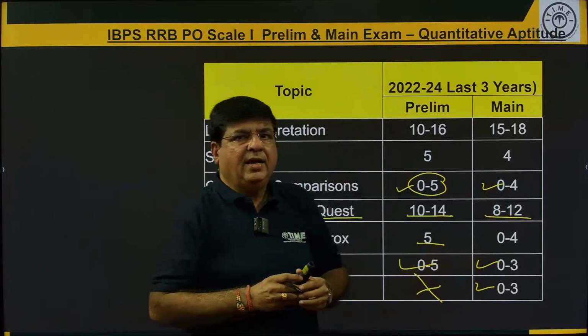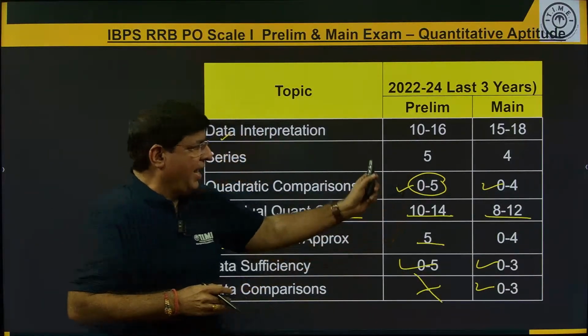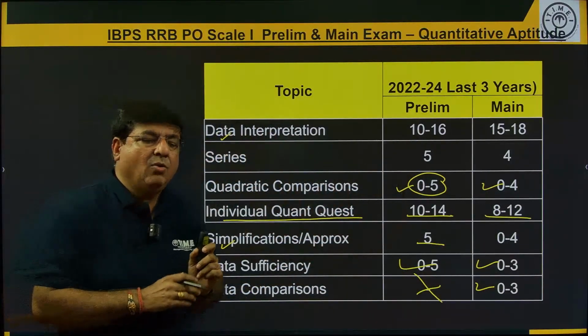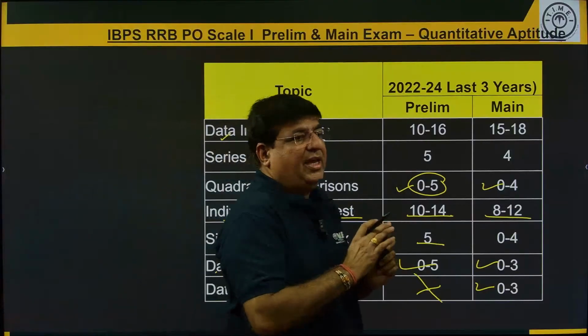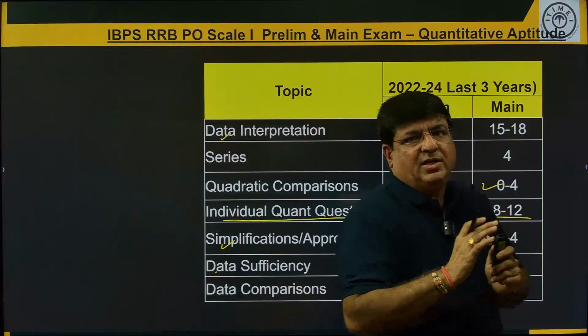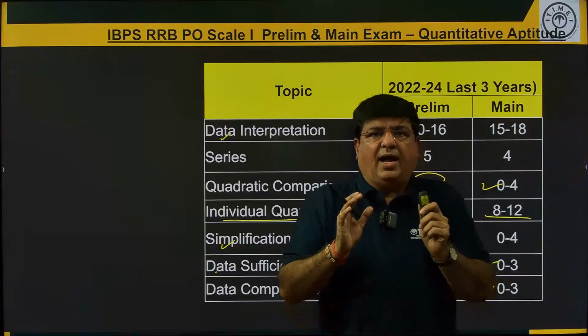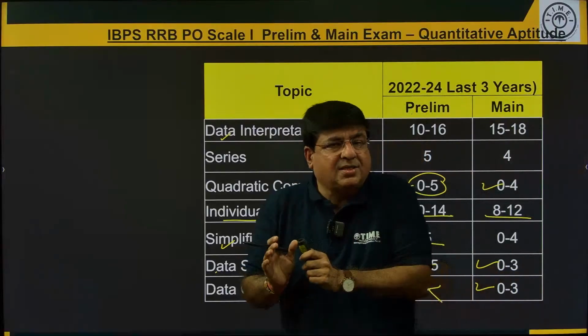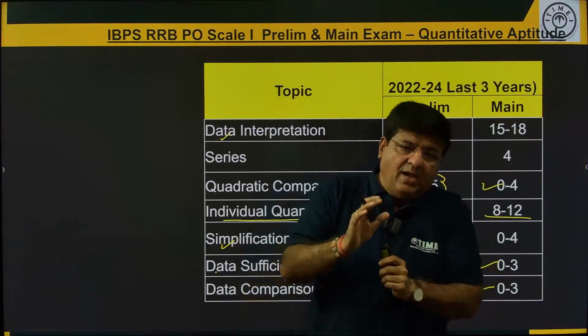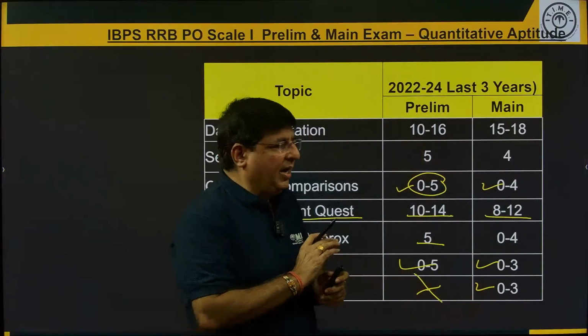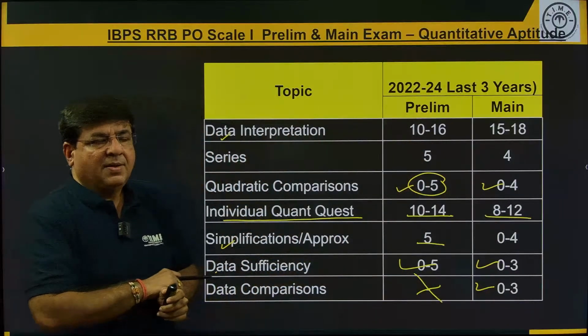Then you understand which topic is asked in prelim and which in main, and what is the weightage of each topic in prelim and in mains. First, get a clear idea about the analysis of past papers, and then go ahead with your further preparation for these exams.